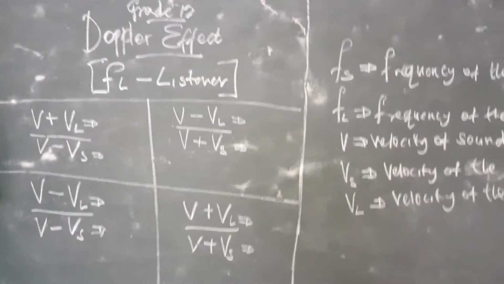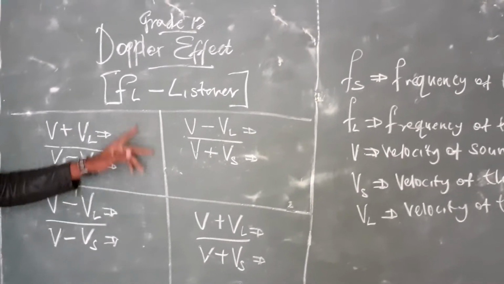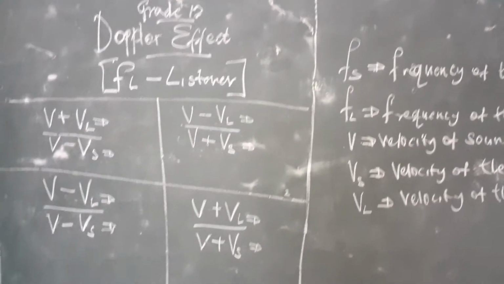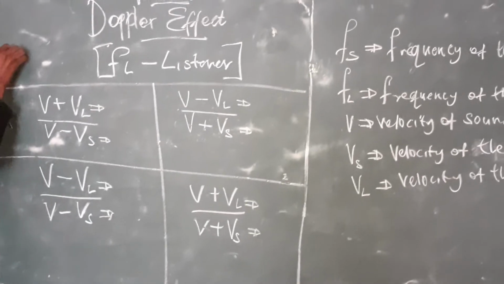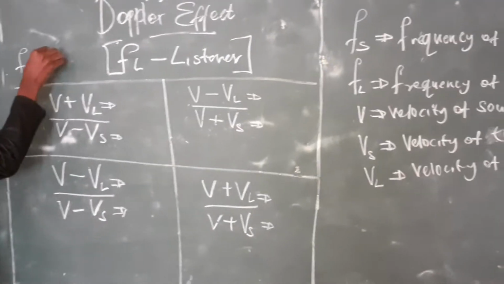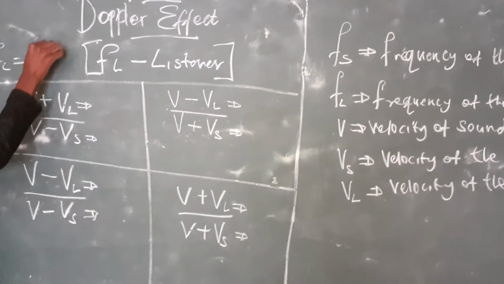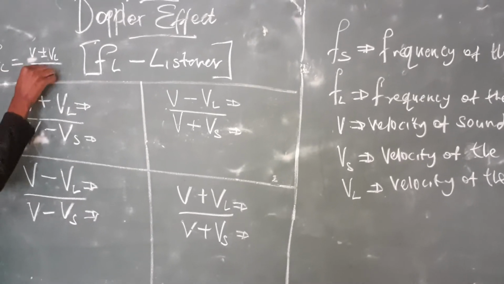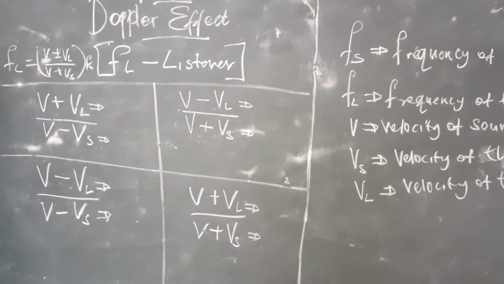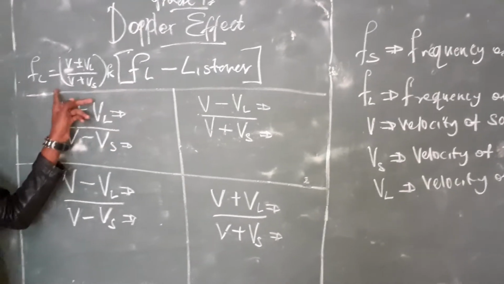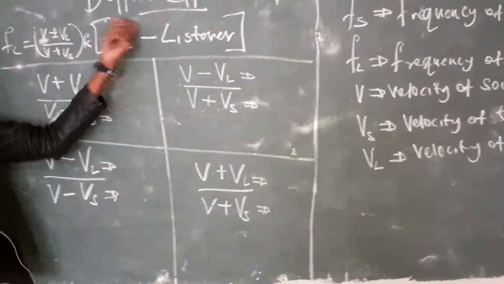So now we are going to focus on the frequency of the listener. You have the formula for the frequency of the listener, where FL is equal to (V plus or minus VL) over (V plus or minus VS), multiplied by FS, right? So this is the frequency of the listener.